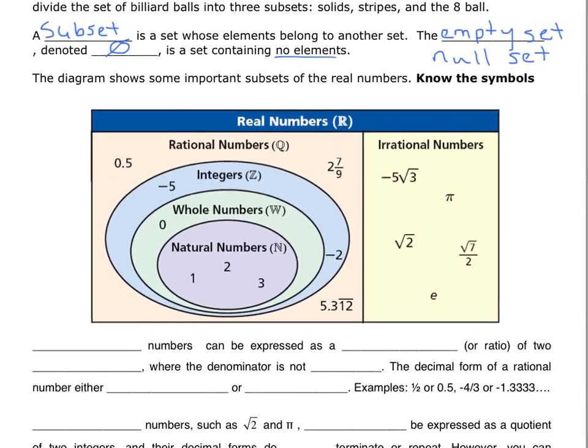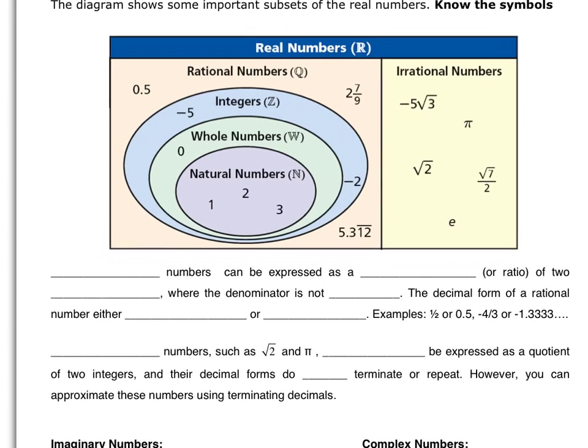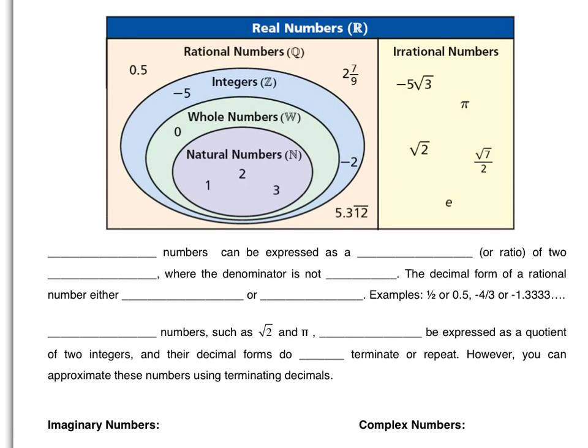When we are referring to real numbers, you will see an R with a double bar. Rational numbers have a symbol of Q with double bars, Z for integers, W for whole numbers, and N for natural numbers.